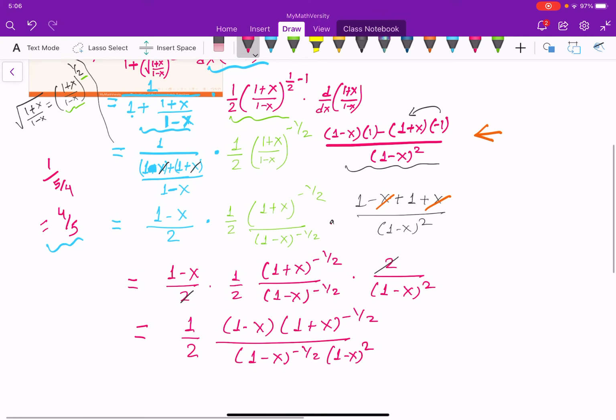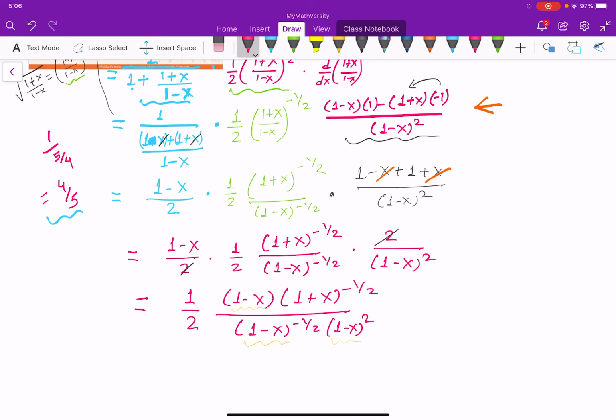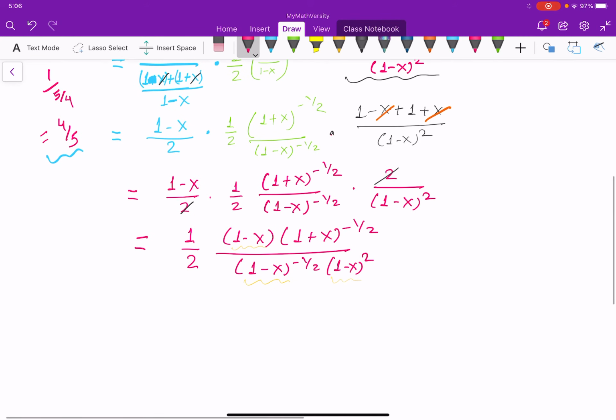If you look carefully, this 1 minus x, 1 minus x to the power negative 1 half, 1 minus x square, all of them have the same base. So if you like, you can combine those by using the exponent law, right? So that will be 1 minus x raised to the power.